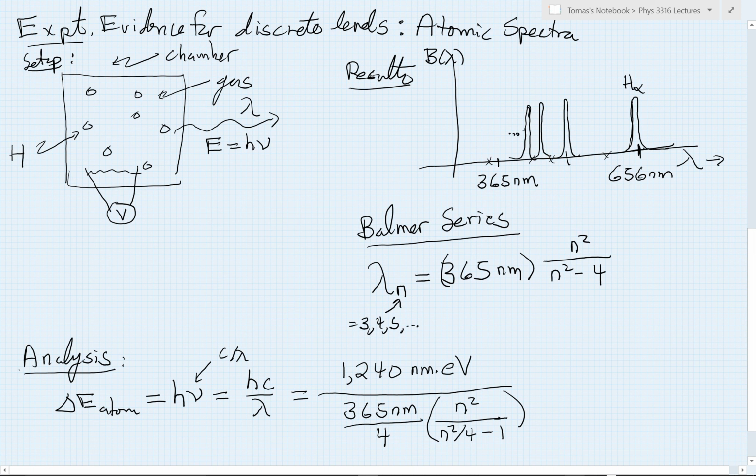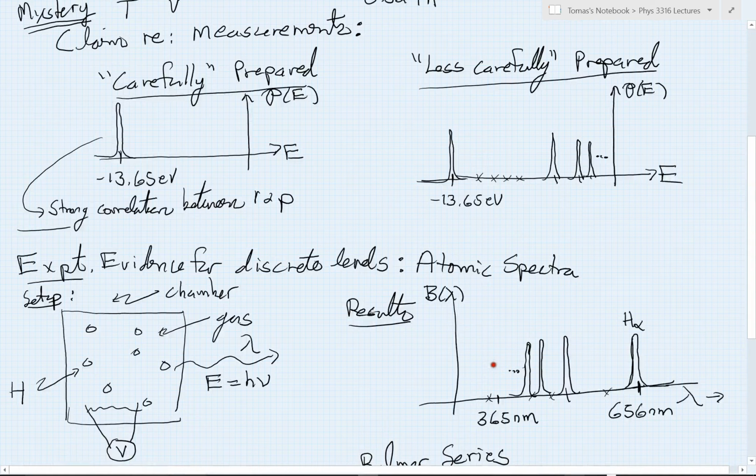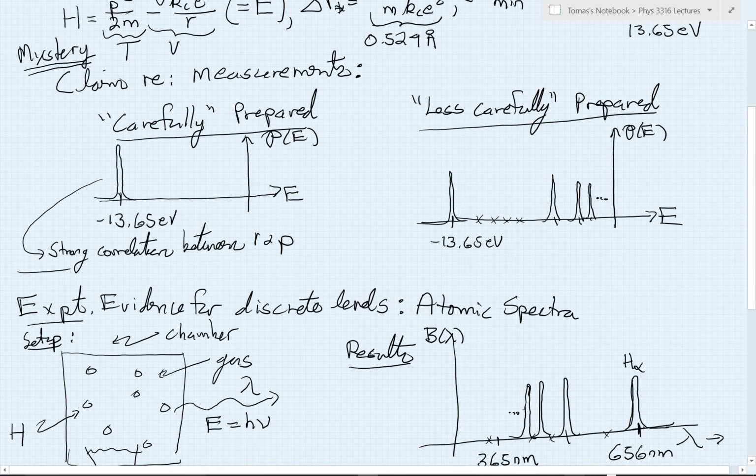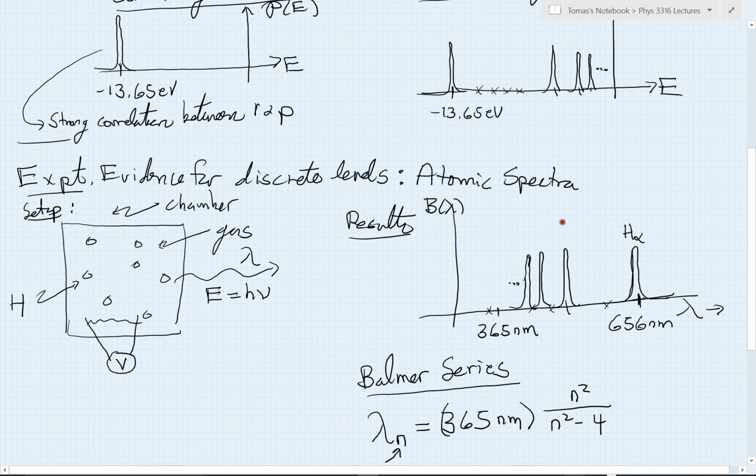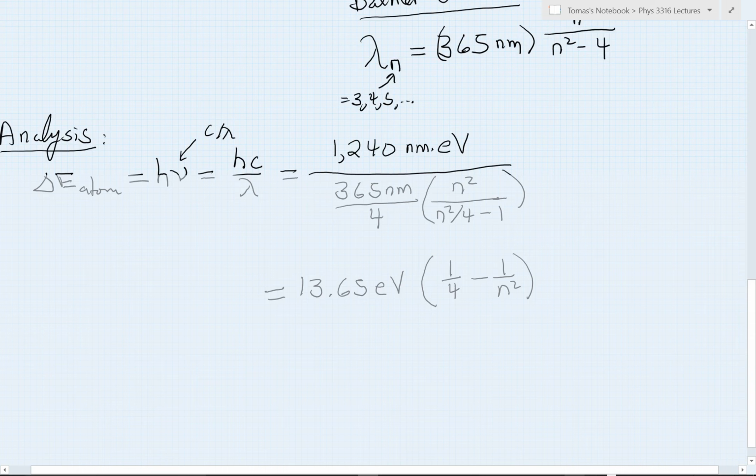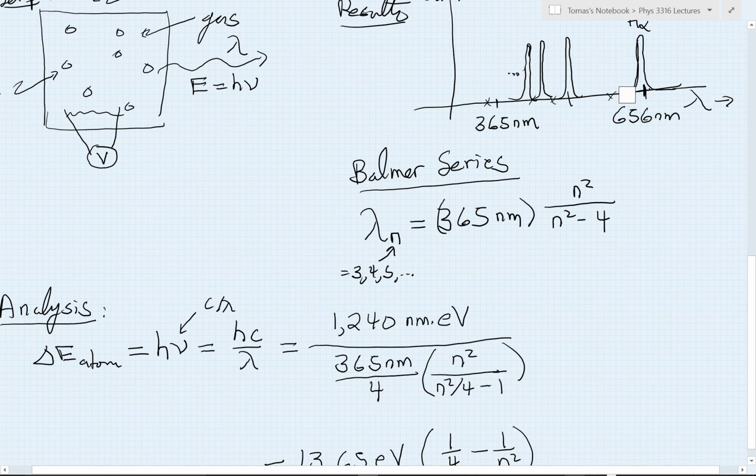So it really feels like we have something where there are only certain allowed energies, and then this would explain why there are only certain allowed energy differences. You never have an in-between situation in the energy of the atom, and that's why we never see an in-between situation in the energies that come out as the photons, in these energy differences, in other words.